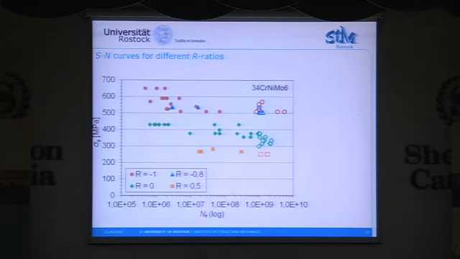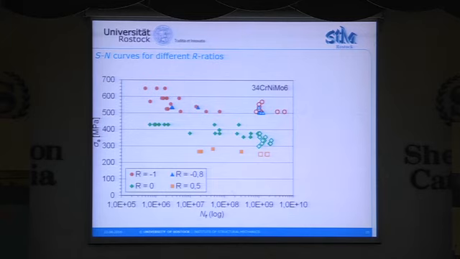Let us look at the mean stress effect, and here are shown the SN curves for different R ratios. The red dots show the R ratio of -1. You can see it is a continuous SN curve. We have no double SN curve. And, for instance, the green dots show the R ratio of 0.